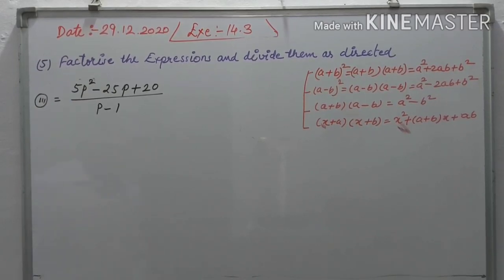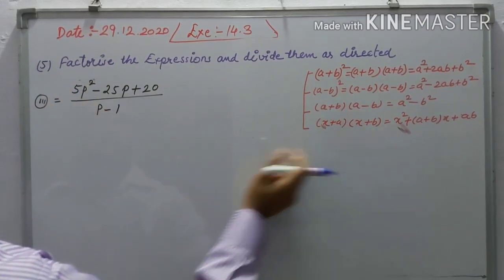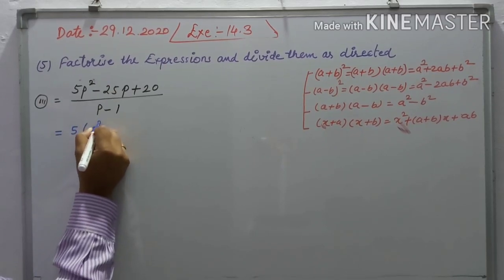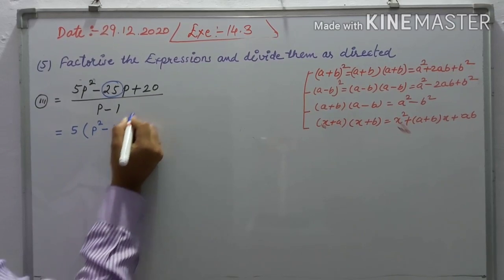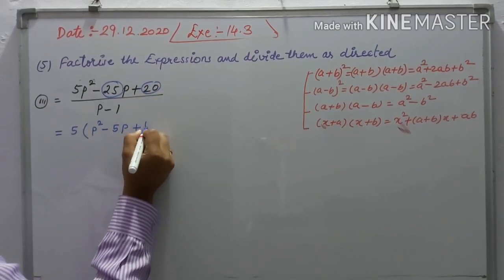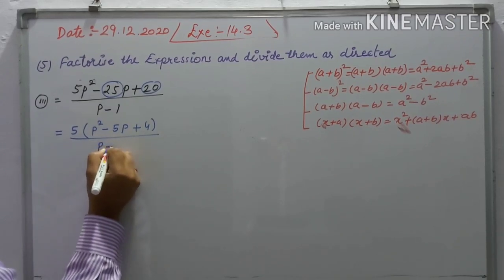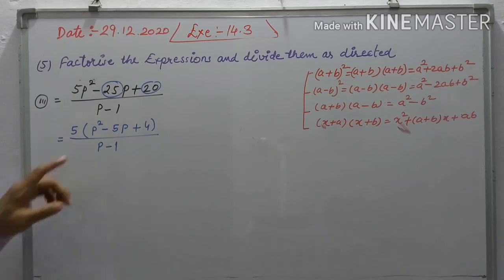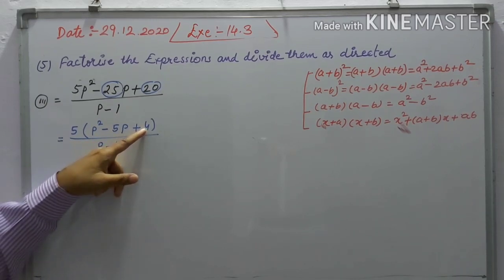Okay, so this time no identity will be matched. First, 5 will be common, so write 5(p² − 5p + 4) upon p − 1.